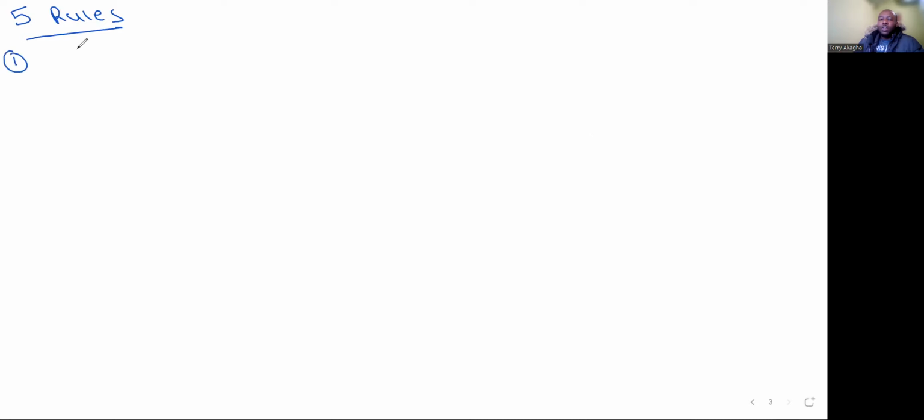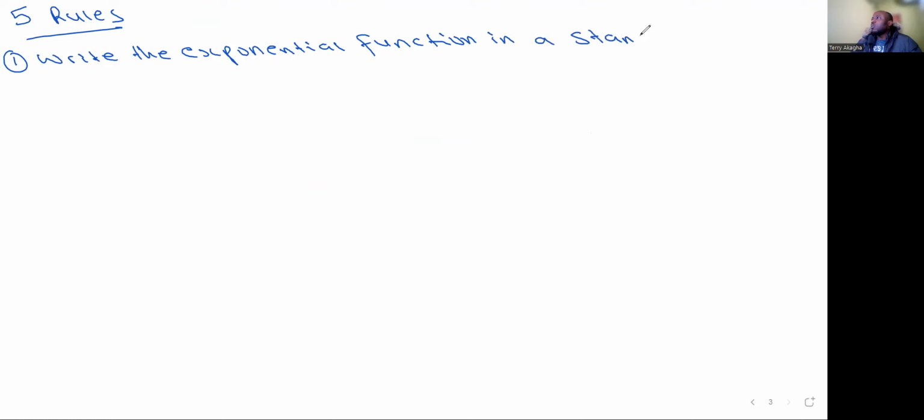So number 1, you have to write the exponential function in a standard form. I told you the standard form is y = ab^x + c.